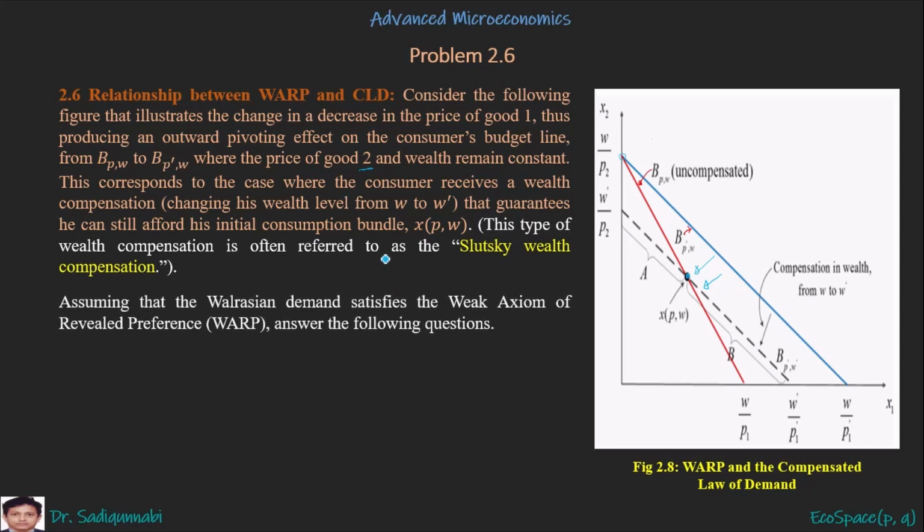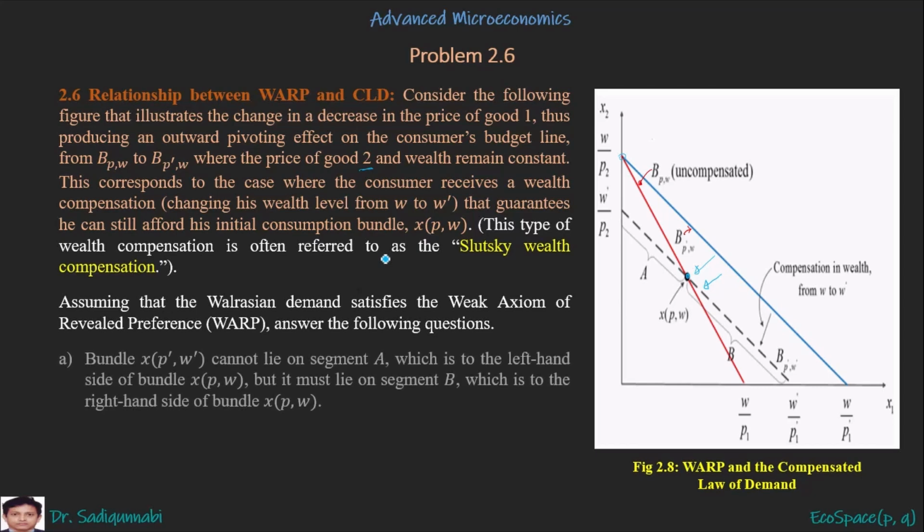Assuming that Walrasian demand satisfies the weak axiom of revealed preference, WARP, answer the following question. The question says that new bundles cannot lie on this segment here.